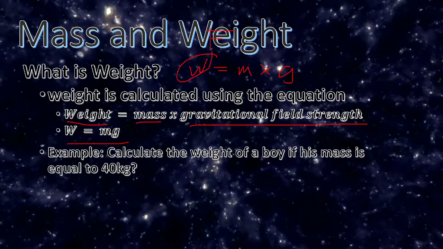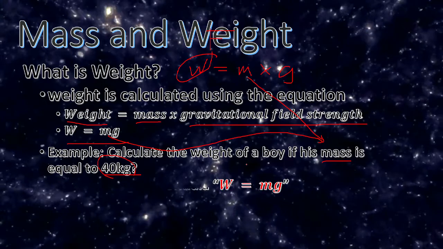So for example, calculate the weight of a boy if his mass is 40 kilograms. Take note, mass is the M here. This value is in the SI unit system.